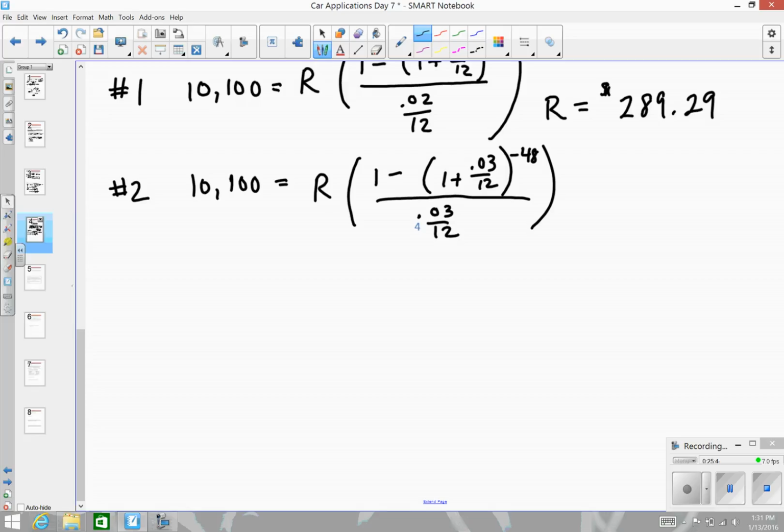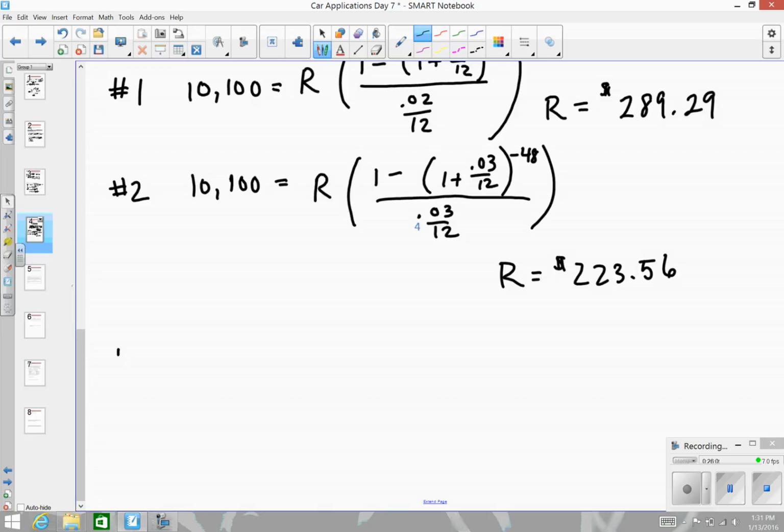Okay, so if you put that in your calculators, loan number two, I got a monthly payment of $223.56. So in this case, I'm paying less per month than with loan number one. I am paying a higher interest rate, but I'm paying less per month, and I'm paying it longer. I'm paying it for 4 years now instead of 3 years.